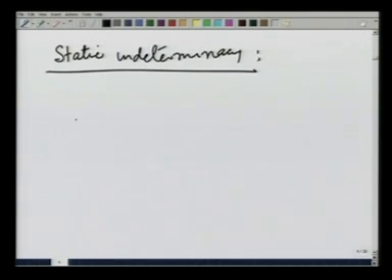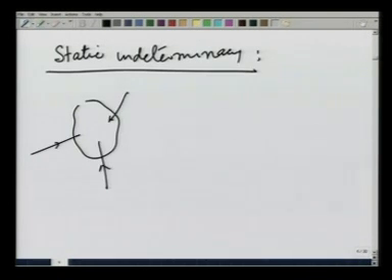If there is a structure or a body and it is in equilibrium under certain forces and constraints which are holding it together, then if the number of constraints is more than the minimum required for it to be in equilibrium, the system is known as statically indeterminate.